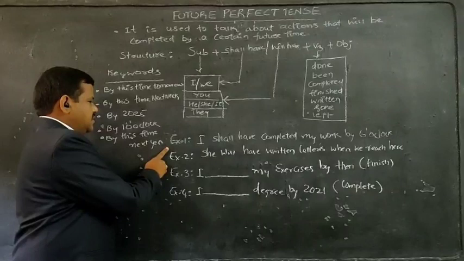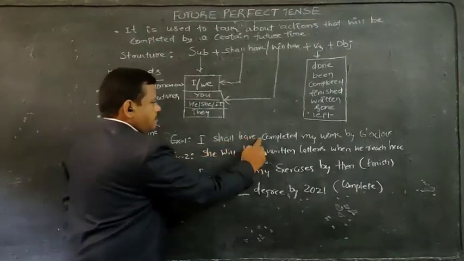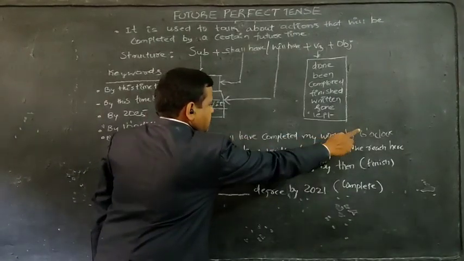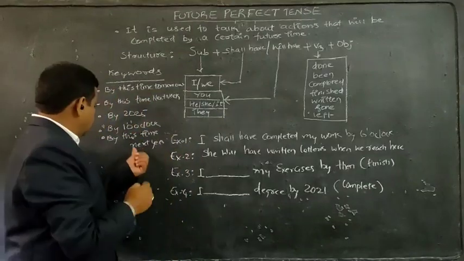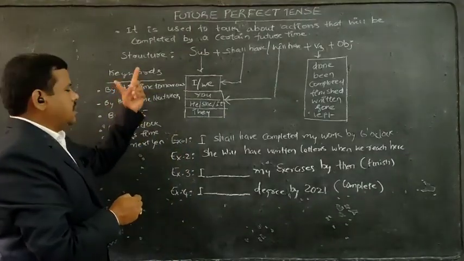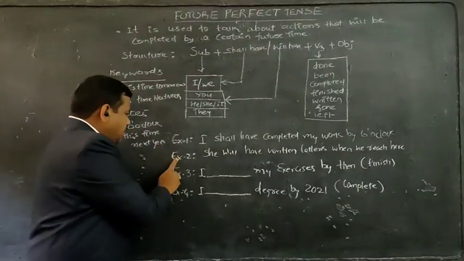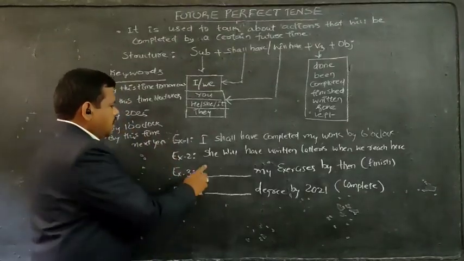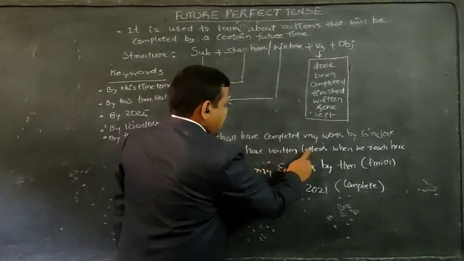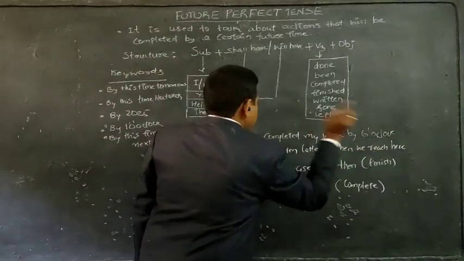Now, example 1, students. I shall have completed my work by 6 o'clock. So we have added the keyword by 6 o'clock. Example number 2. See, students. She will have written letters when we reach here.